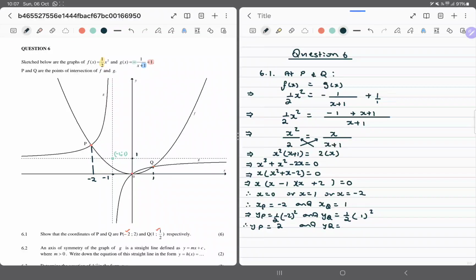And y at Q, this is going to be just a half. Okay, so therefore point P is going to be minus 2, 2. And Q is 1, a half.